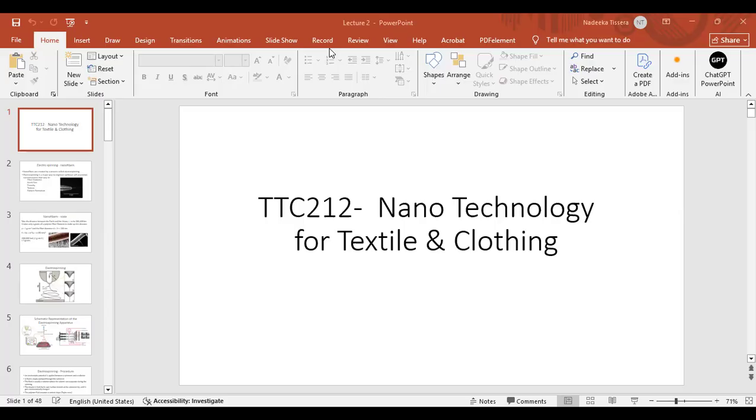So today we are going to talk about one of the most important nanomaterials which can be used in different industries. Now you have all heard about nanofibers. If you take the dimensional categorization, nanofibers are under the one-dimensional nanomaterials.